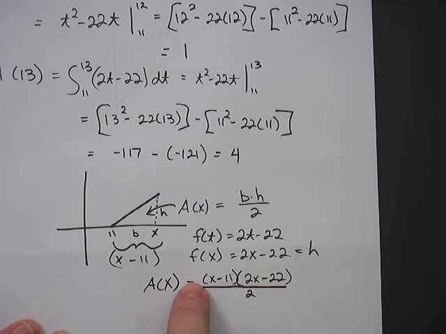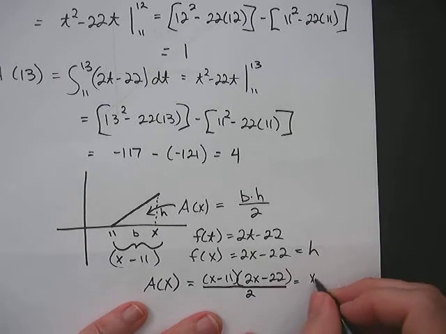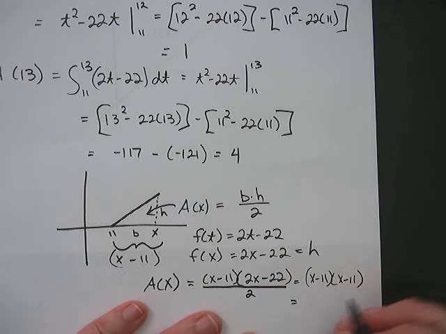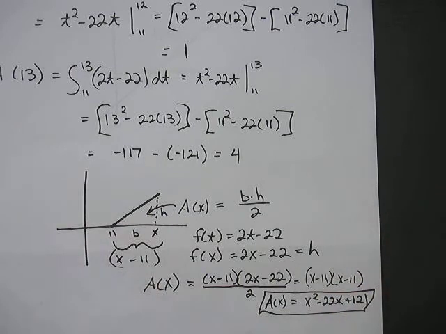And when I take the 2 out front, it reduces with the 2 on the bottom. So this ends up being x minus 11 times x minus 11. If we multiply that all out, we will get x squared minus 22x plus 121. And that is our representation for A of x. That's it for A.